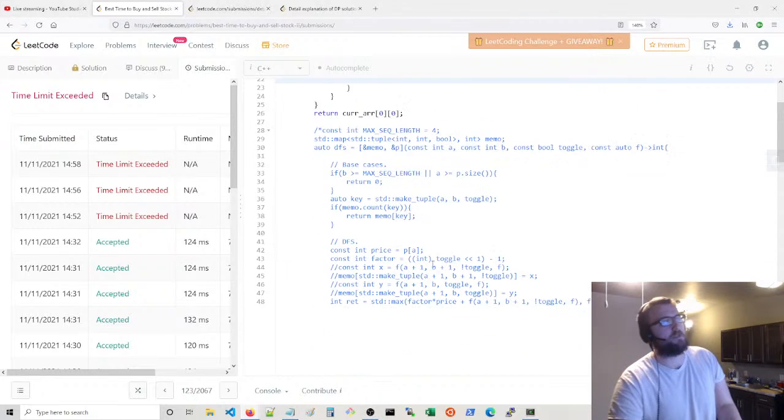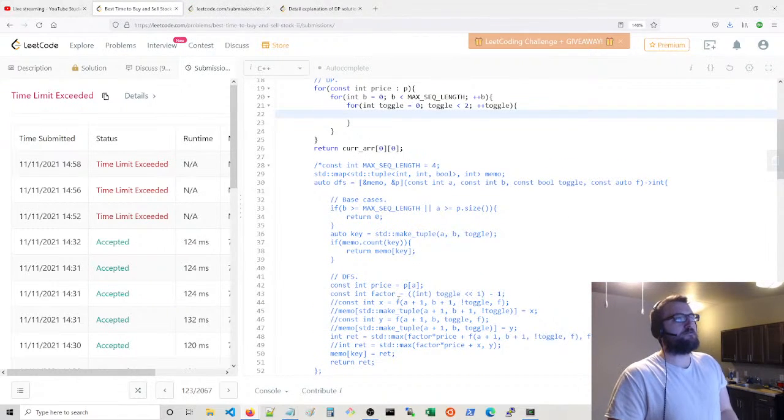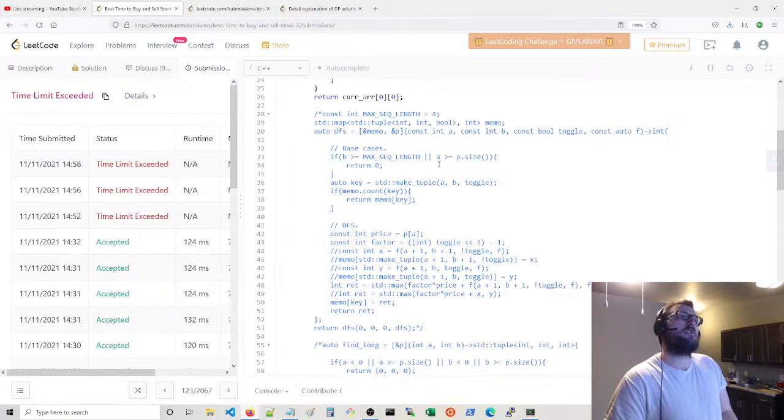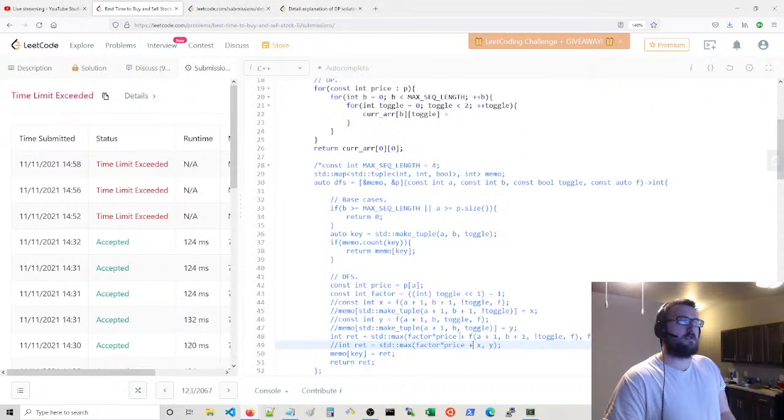And what's going to happen is ret is going to be, so the current array is going to be of a particular A, B, and so actually we don't have A, we just have B of toggle is equal, we have these two different things, right?